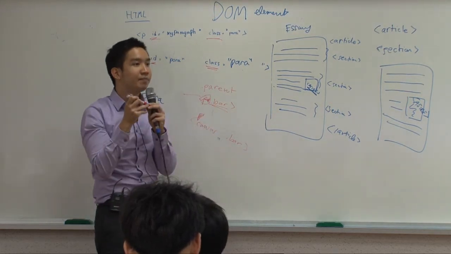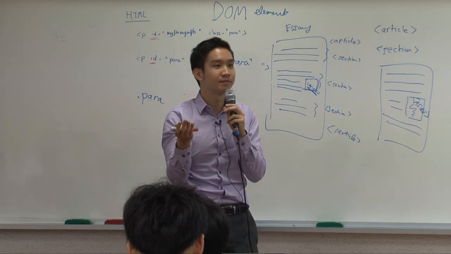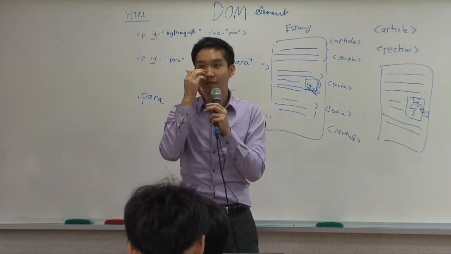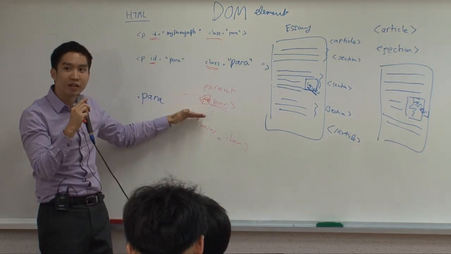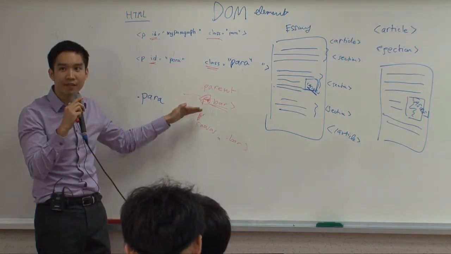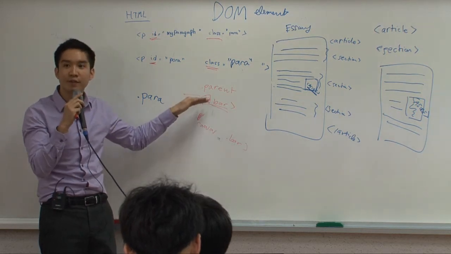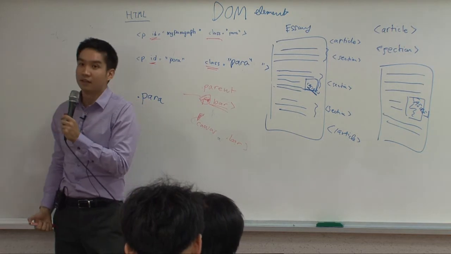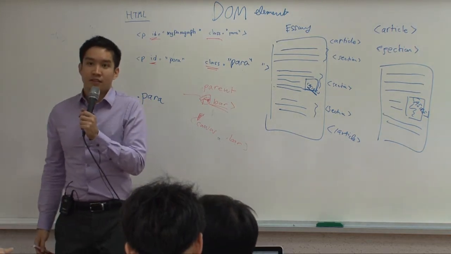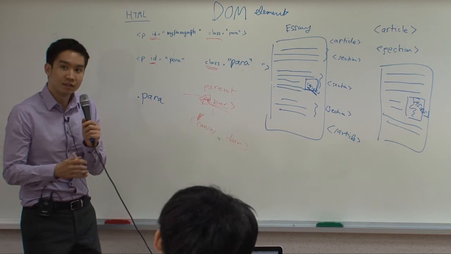Does that make sense? This is why it's called filter. So find all the DOM elements within something, and then just filter based on some criteria. Is that clear?